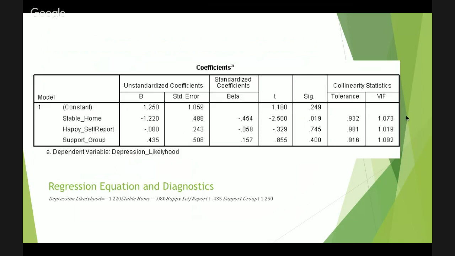So that is the regression equation we get from this. Now we want to run some diagnostics to make sure everything's good, because in the ANOVA we ran, things were iffy.